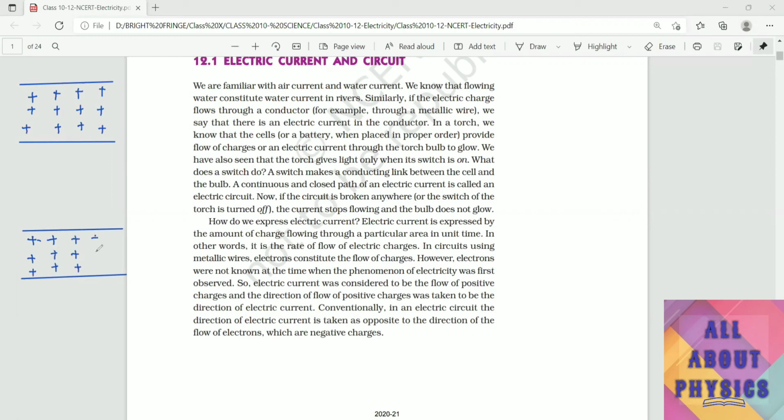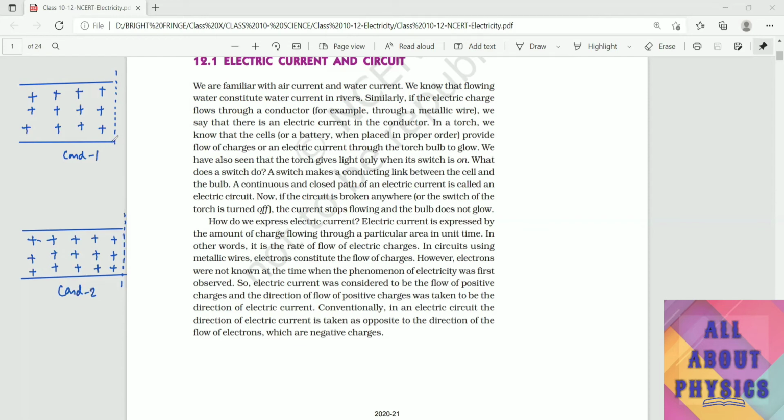Different conductors conduct differently. Fine. Now we are going to observe the flow of charges in both the conductors. Now I'll see that in 1 second, how many charges cross this line. Okay. Let's say that this is conductor 1 and this is conductor 2.